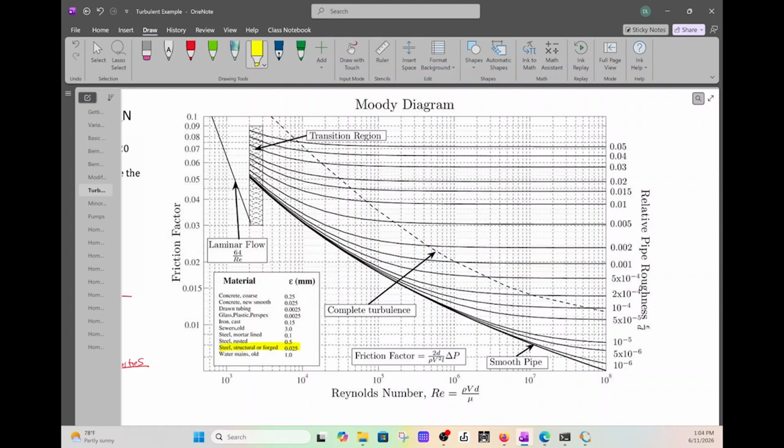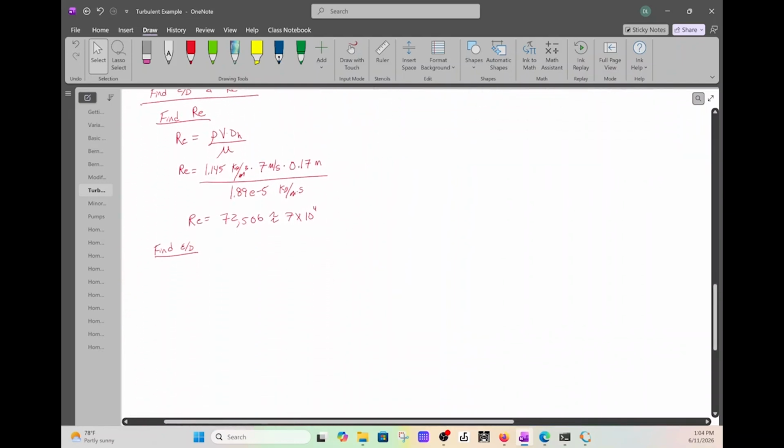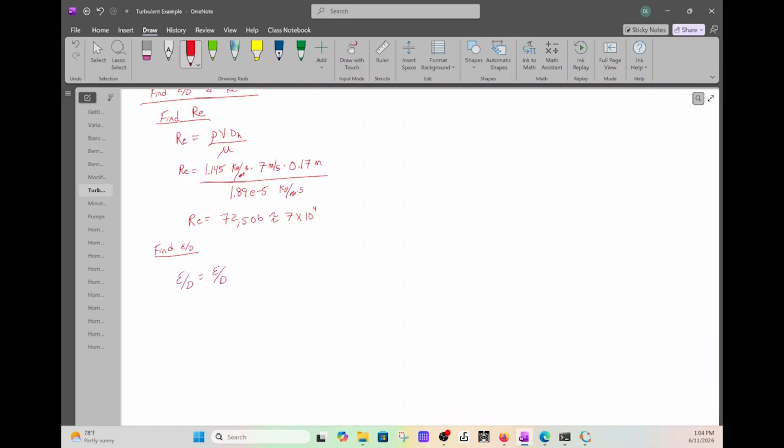And we know the diameter. So let's go back to here. So epsilon over D, which is actually epsilon over DH. We're going to use 0.025 millimeters, and we're going to convert that to meters.